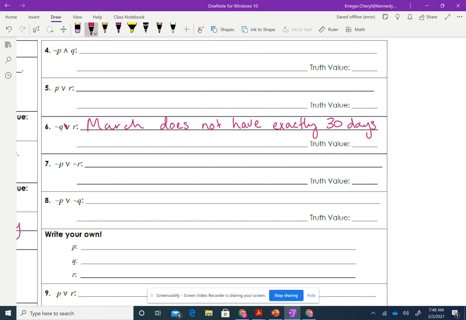And we know that the down arrow or the V symbol stands for or. So or R, which is Halloween is on October 31st.